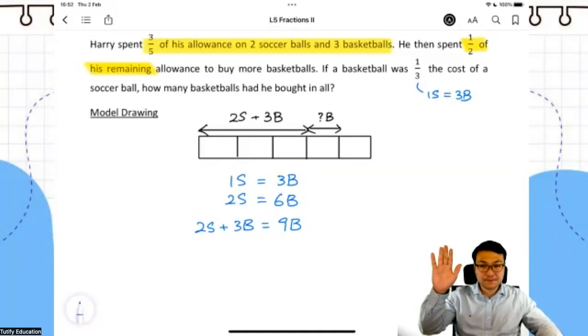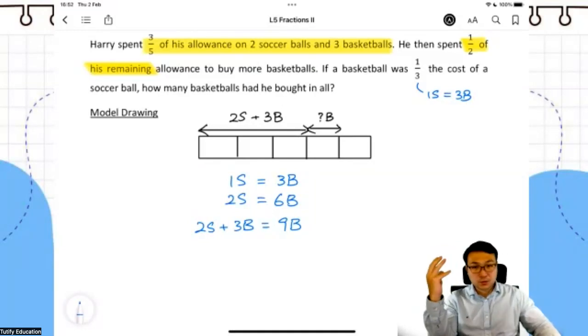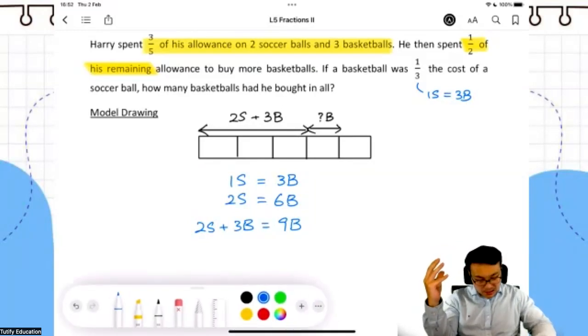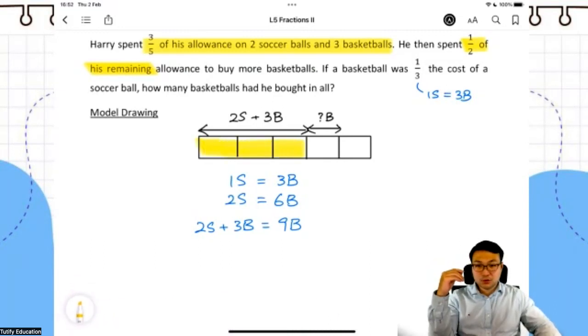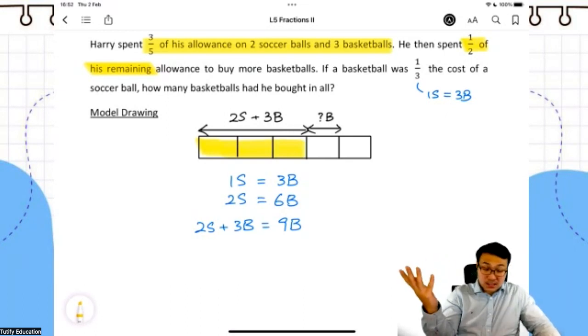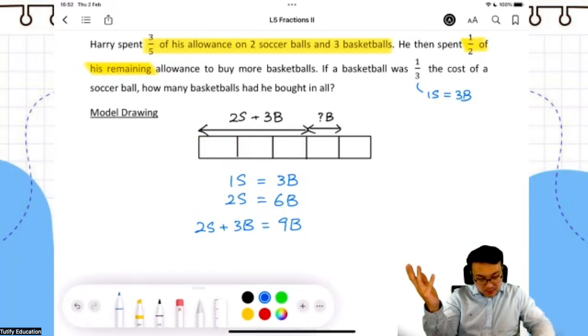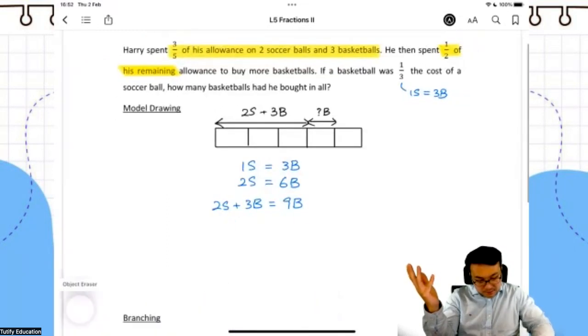I'll help you, okay? So now I know that he spent this money over here, 3 units, to buy 2 soccer balls and 3 basketballs, which is actually the same as 9 basketballs, right? So we can say 3 units equal 9 basketballs. 1 unit should be 3 basketballs.